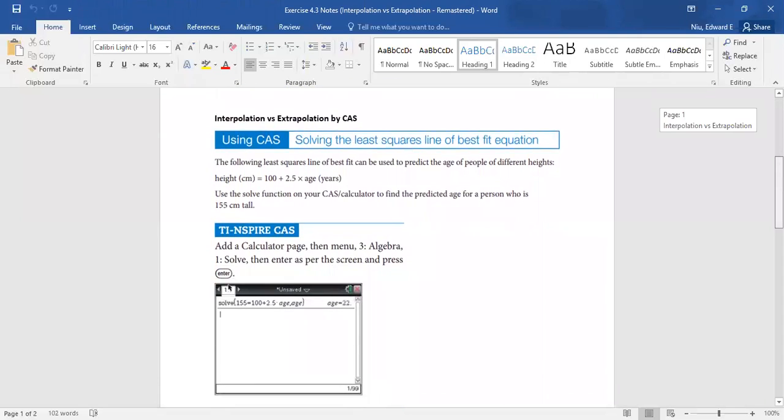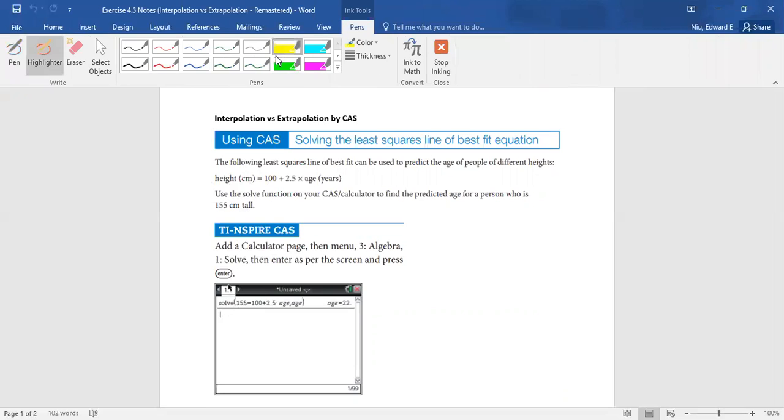How do we do this by CAS? Well, it's pretty simple. You just find your rule or your least squares line of best fit. And if you were, for example, here asked to find the age of someone that is approximately 155 centimeters tall, you would type in solve, brackets, sub in 155 to where the height is.